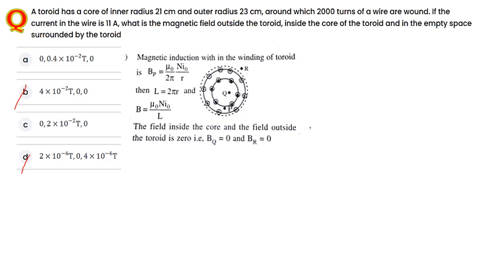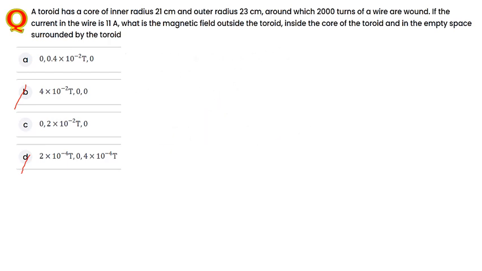Next, what they are asking in this one is the empty space, which we are going to find out now. The formula to find it, which we have just seen, is B equal to mu naught N I divided by 2 pi r, and the mu naught value you already know, 4 pi into 10 power minus 7.